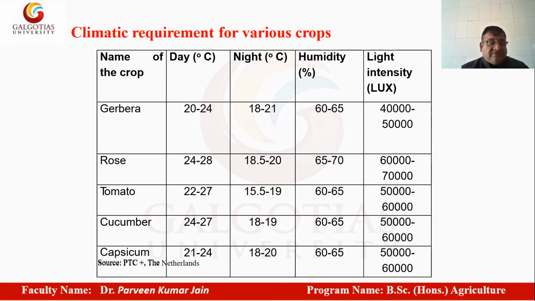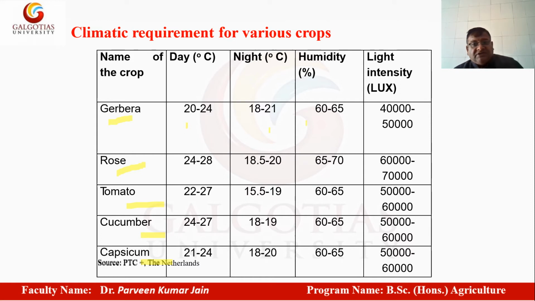So this is a very important table, and you must keep it with you, because it lists the main crops of the polyhouse, like gerbera, rose, tomato, cucumber, and capsicum, and their basic climatic requirements, which we can maintain inside the greenhouse by one means or another: day temperature, night temperature, humidity, and light intensity.